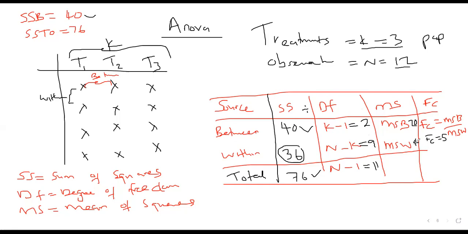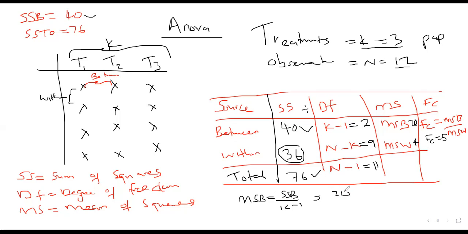We divided the SS by the degrees of freedom. Good. So the mean of square between is simply the sum of square between over K minus 1, like you said, SS over DF.